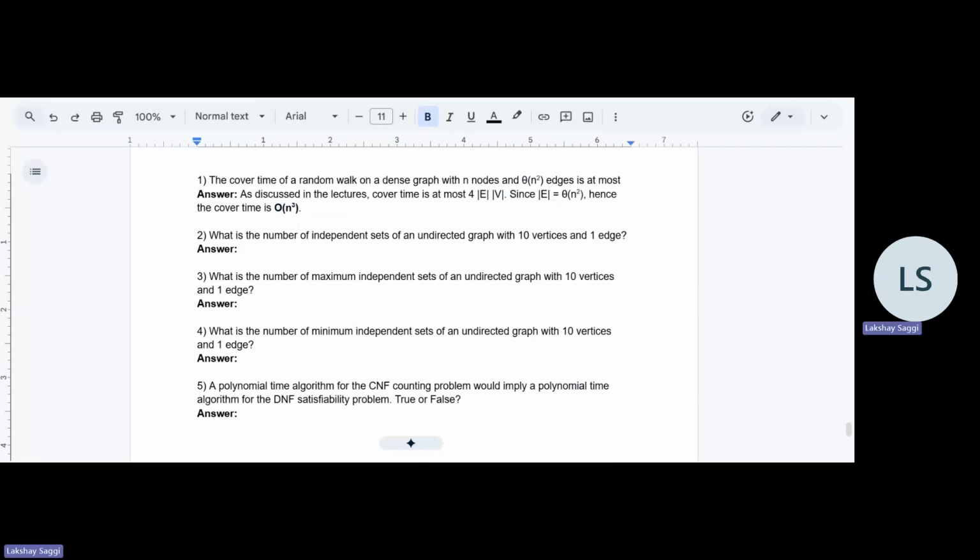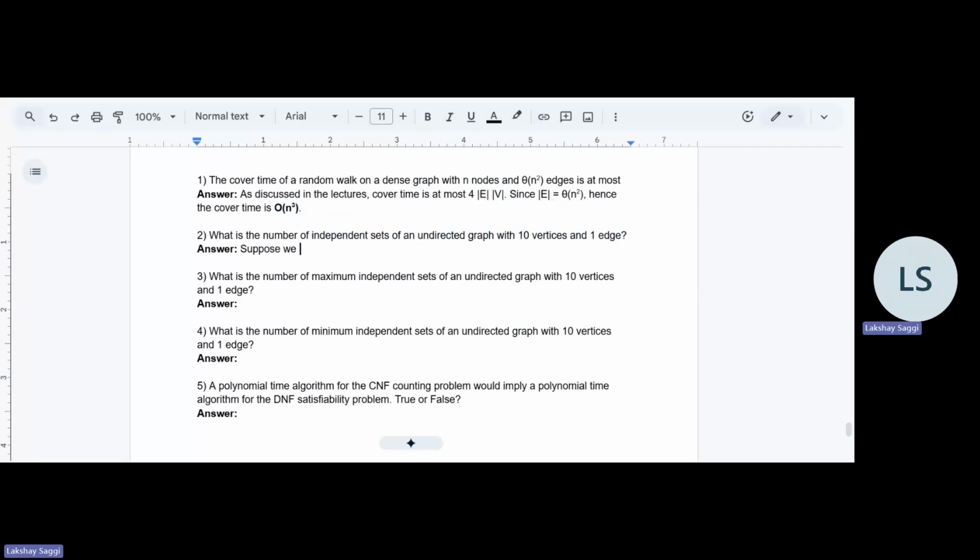Okay then. After this, let's move on to the second question. The second question says: what is the number of independent sets of an undirected graph with 10 vertices and one edge? It's not too hard of a question, but it's still an interesting one. So let's assume we have a graph.